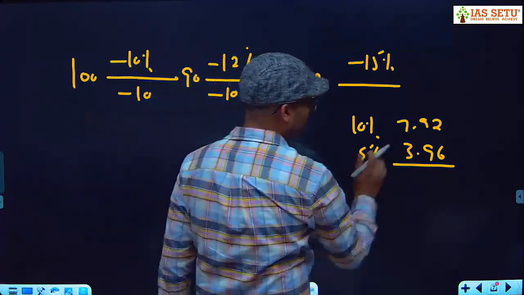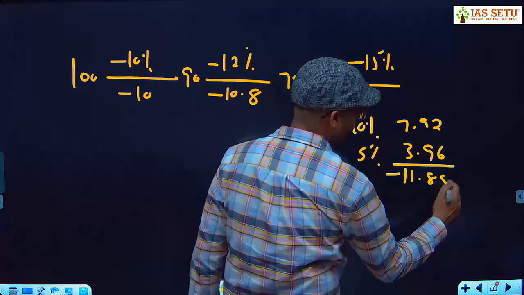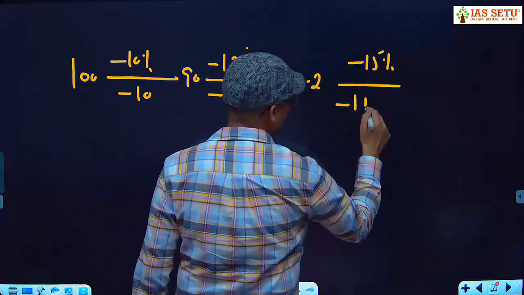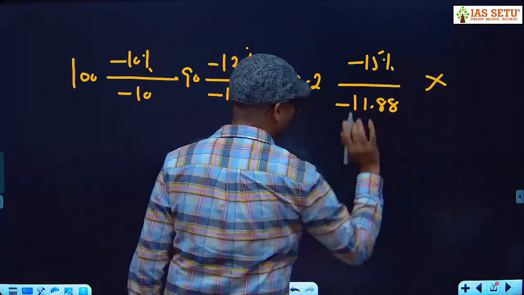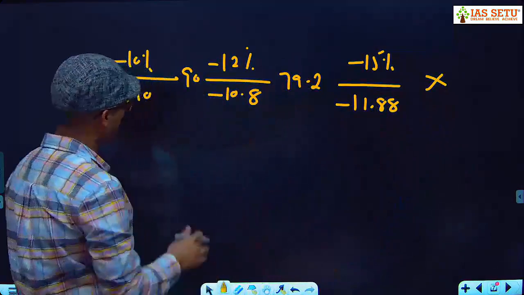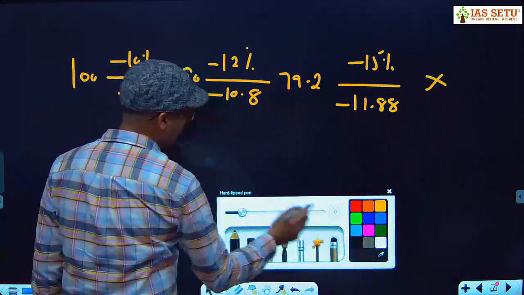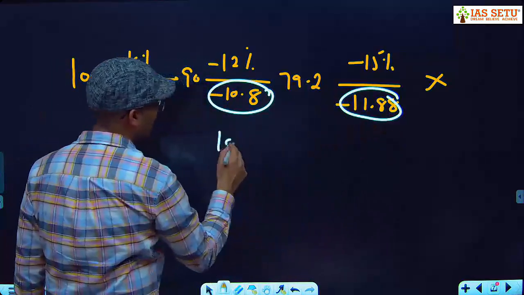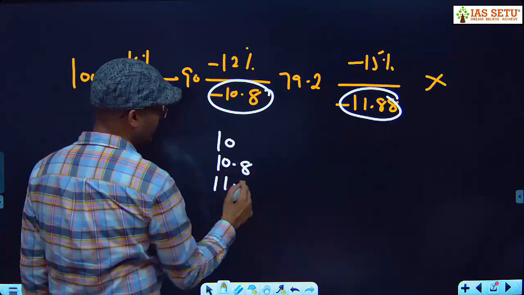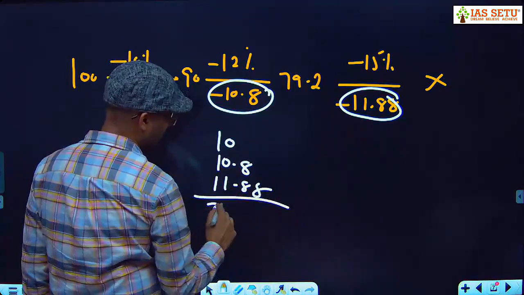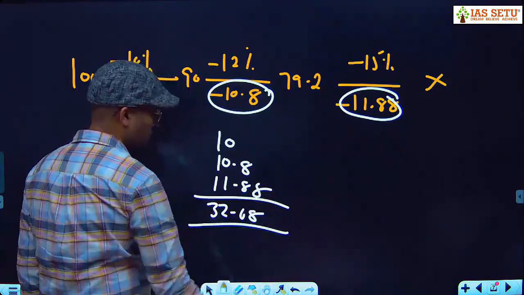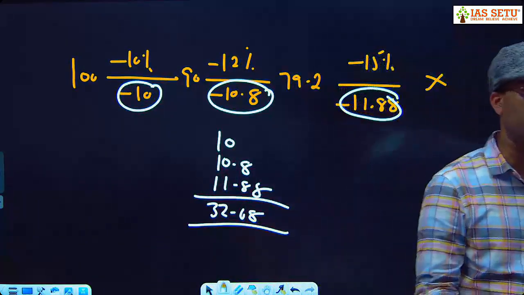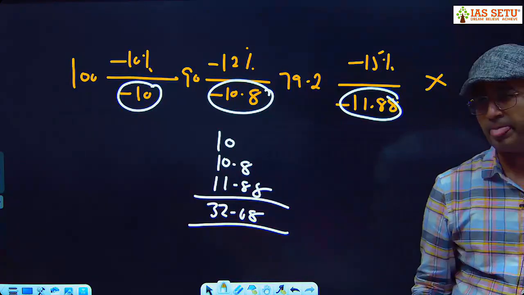So now here third discount is 11.88. I told you no need for this value because they are single discount. तो यहीं से discount पता चल जाएगा. You got overall discount of 10, 10.8, 11.88. So you get 32.68. So a single discount of 32.68% is equal to successive discount of 10, 12, 15.